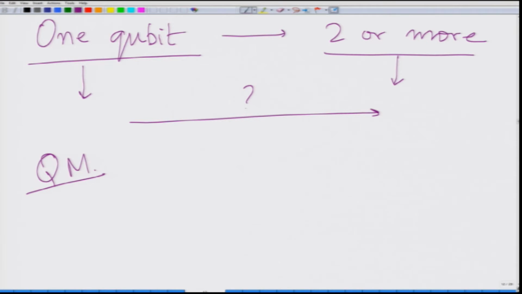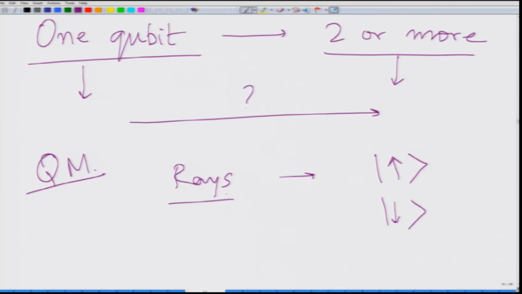the important thing which we learnt about one qubit was that we were able to represent the qubit by rays, and that is what we were calling vectors one way or the other.